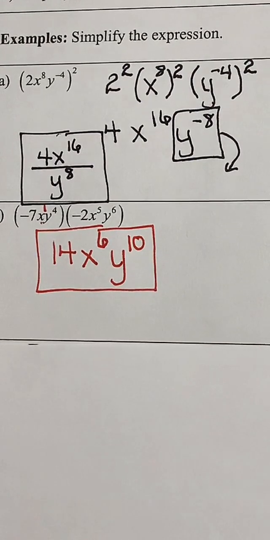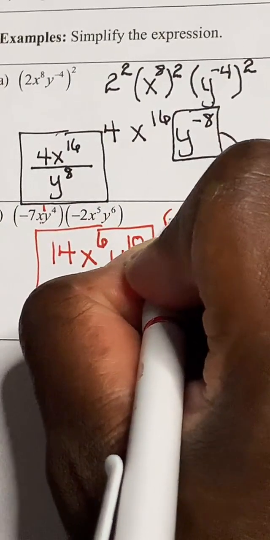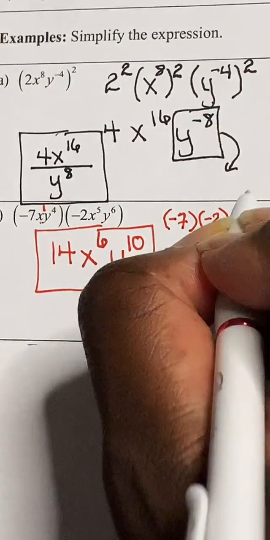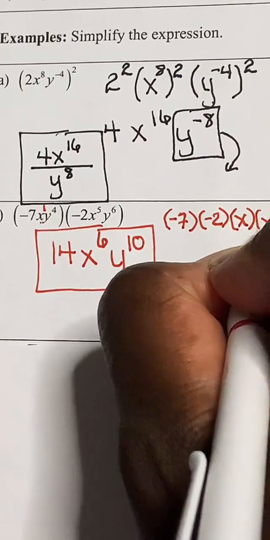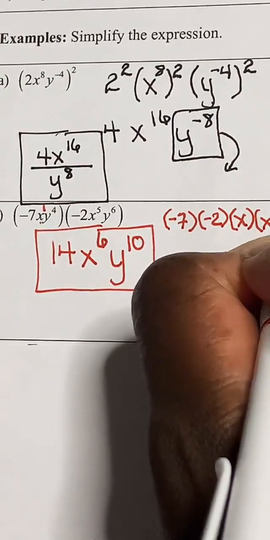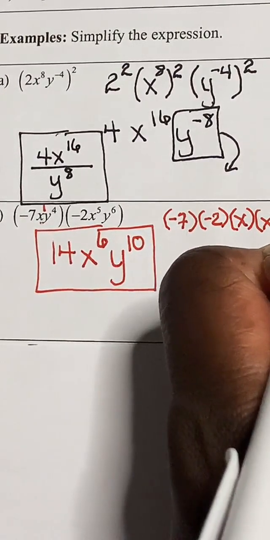So you multiply the whole numbers with the whole numbers. If you want to see it written out, that'll be -7 times -2, then x times x to the 5th, and then y to the 4th times y to the 6th.